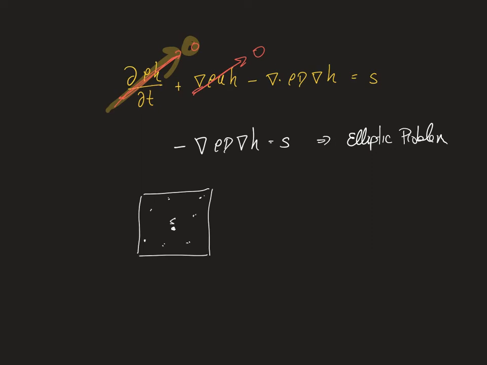So the speed of propagation is infinite, and all points are affected. All points are connected. If you make a disturbance in this flow, all points will feel it instantaneously, because this equation does not depend on time.